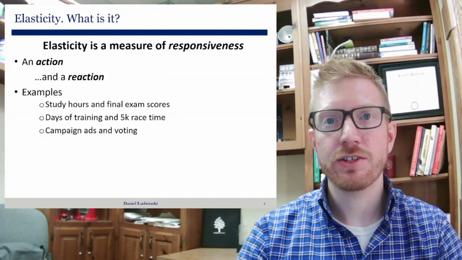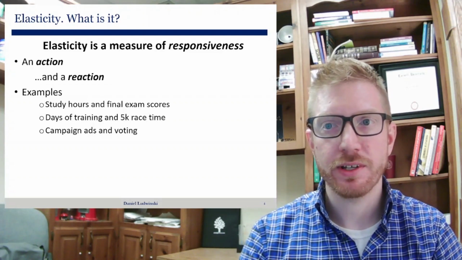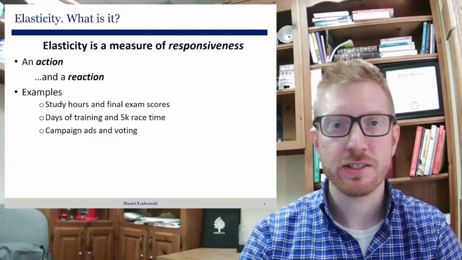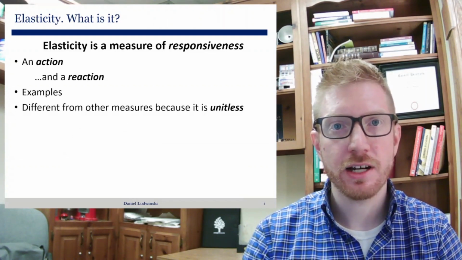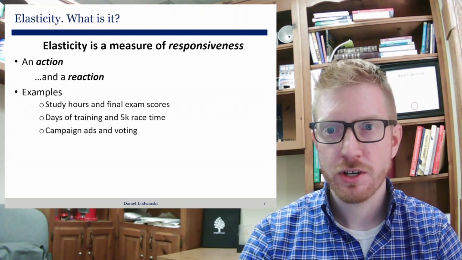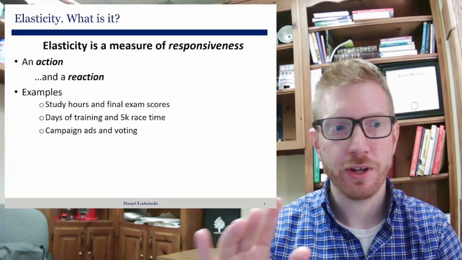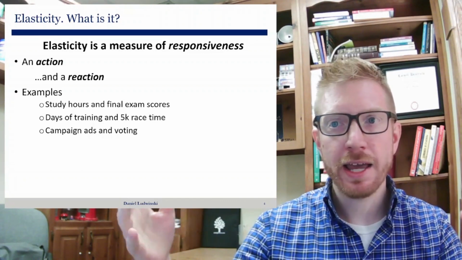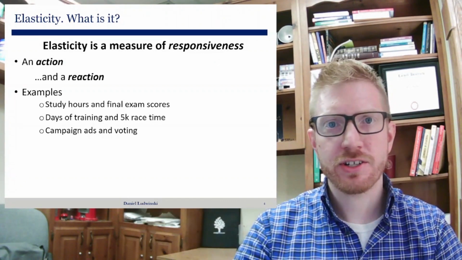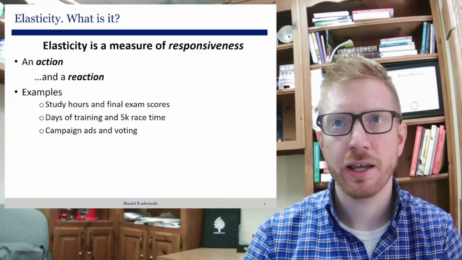Elasticity, though, we're going to see is going to be different than other measures of responsiveness and useful for a specific purpose, because elasticity is not going to be connected to units. So all of these examples that we are talking about here might be hard to sort of compare in terms of the reaction that we're getting from these different stimuli.